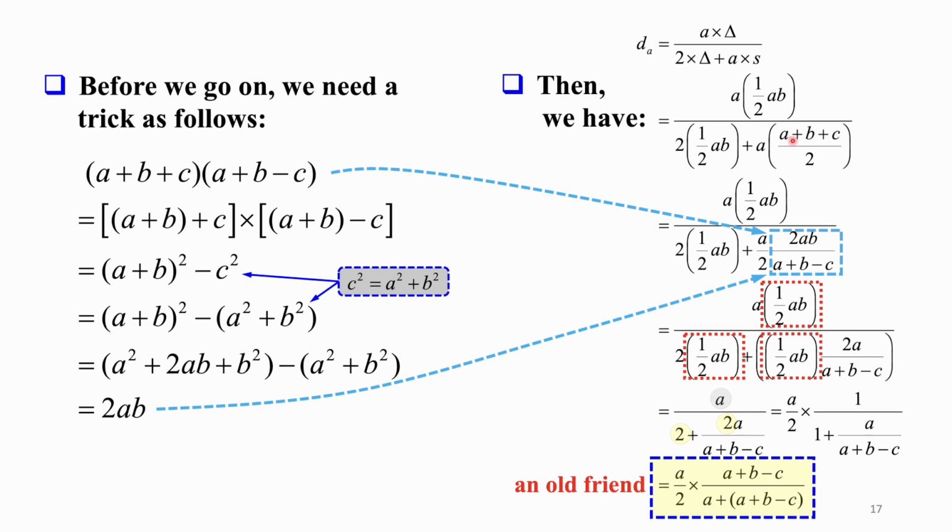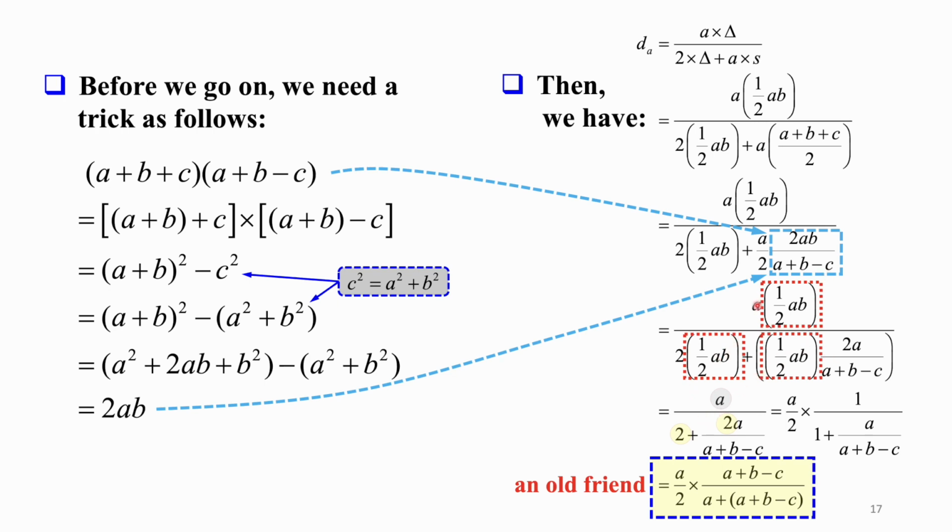Now, here we have A plus B plus C. According to this result, A plus B plus C is equal to 2AB over A plus B minus C. We have this. Now, from here, we have AB over 2. We could take 1 over 2 times AB here and here. Then these three terms are cancelled.